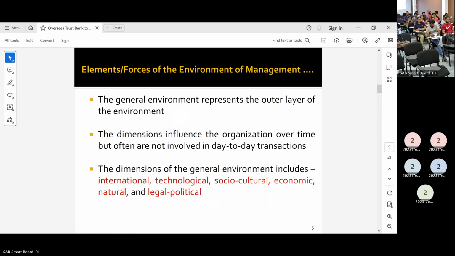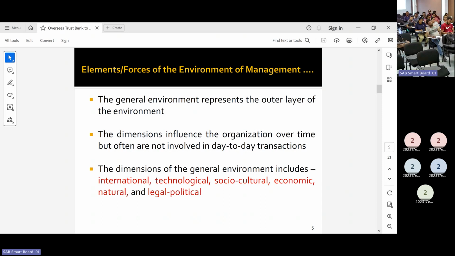Tsunami, climate change, global warming, all happening as parts of the natural environment, which cannot be controlled at all by people or by businesses.